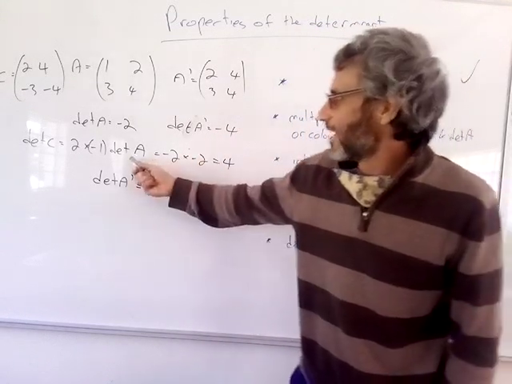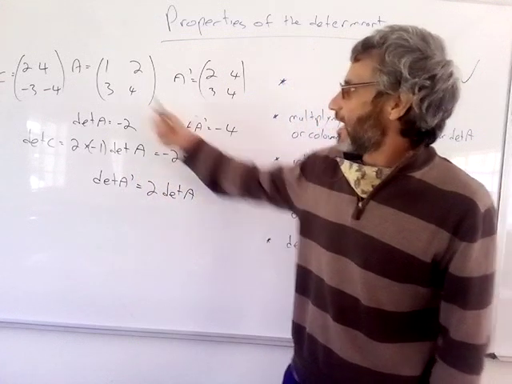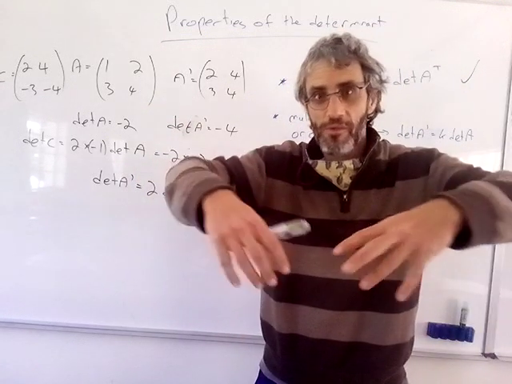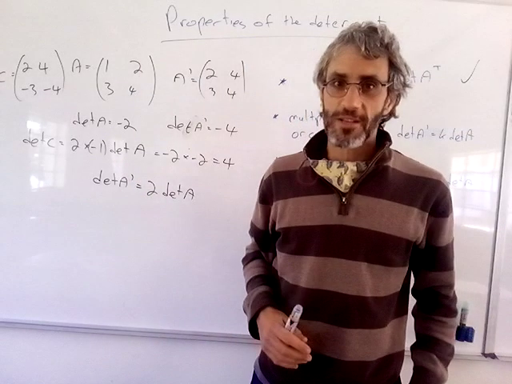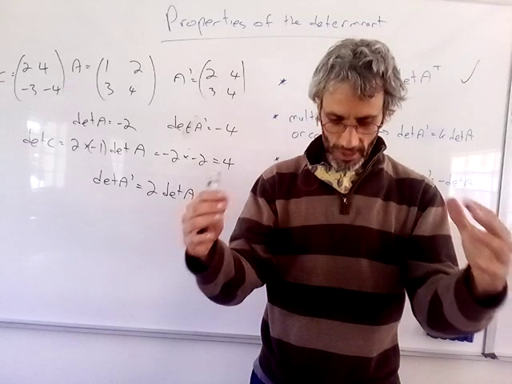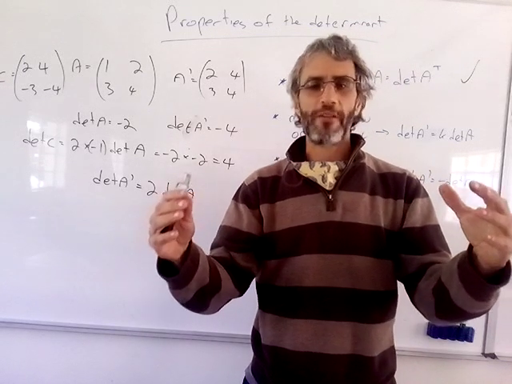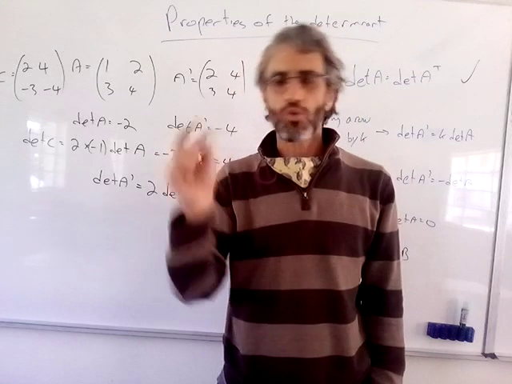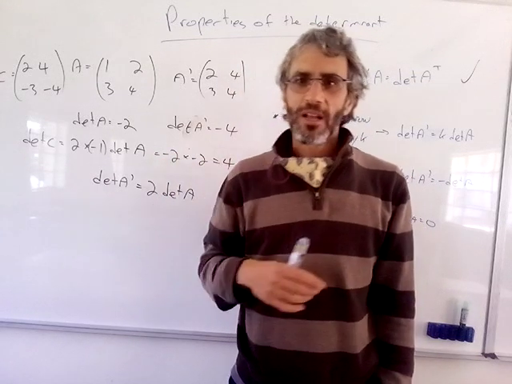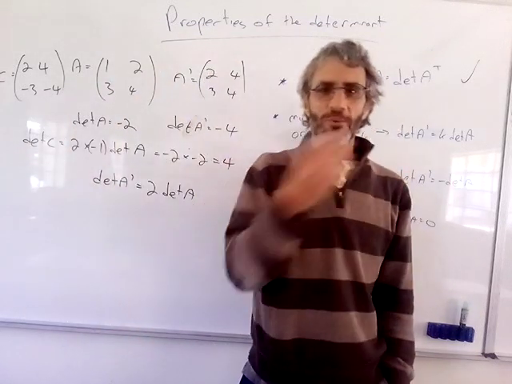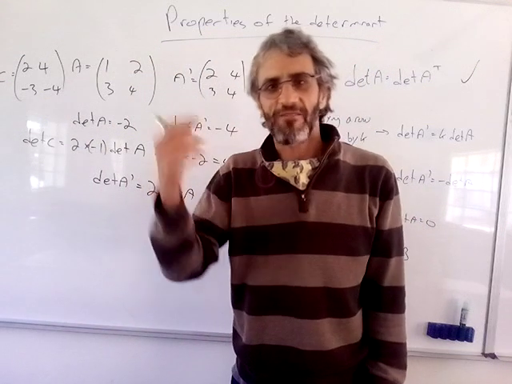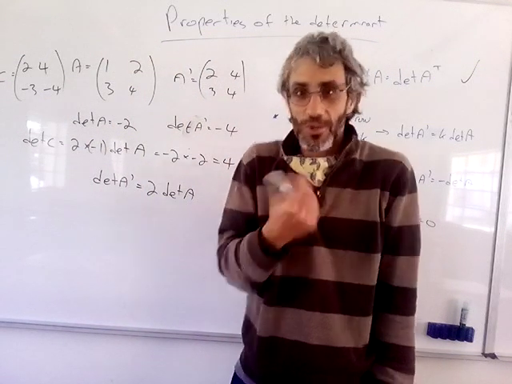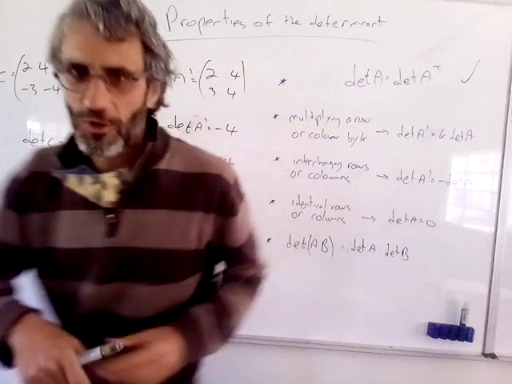And you can see that this rule can really make our life much easier, especially with a 3 by 3 or 4 by 4 matrix. If I have a 4 by 4 matrix A and I know its determinant, and then I multiply one row by 5, I don't need to calculate the whole determinant again. I just need to multiply 5 by the original determinant. So that's quite useful. Okay, let's move on to the next example.